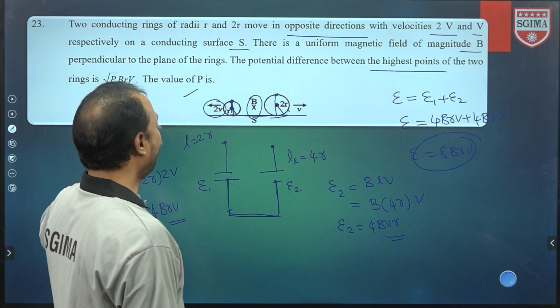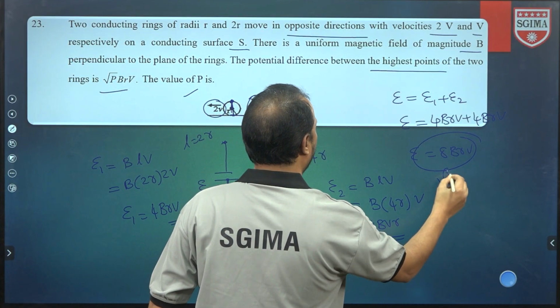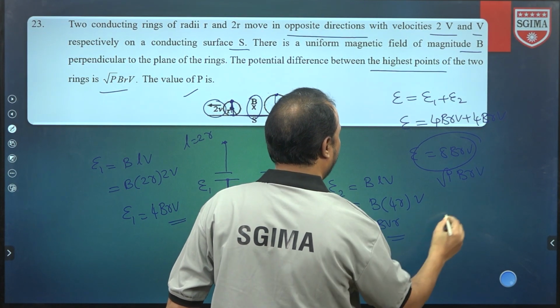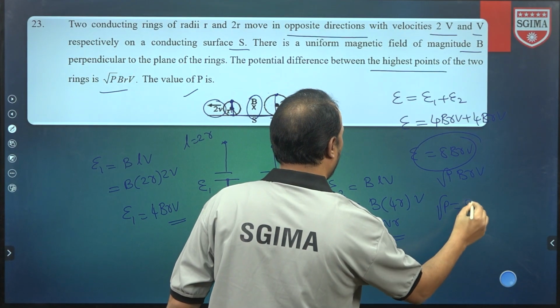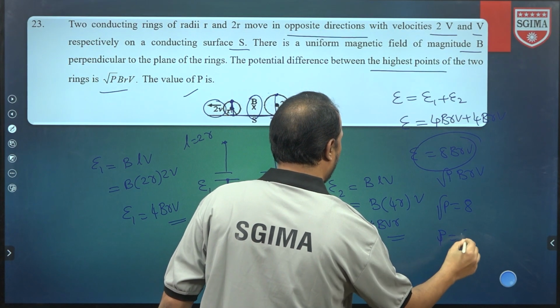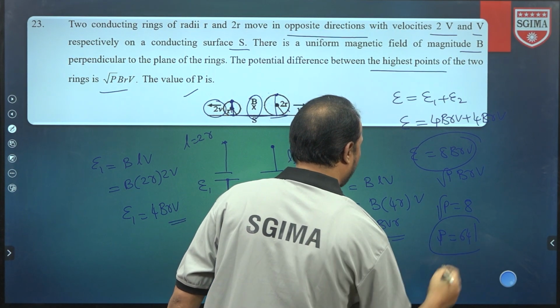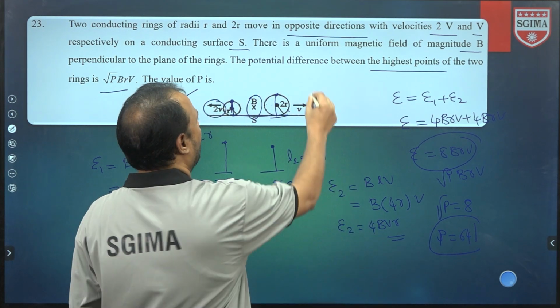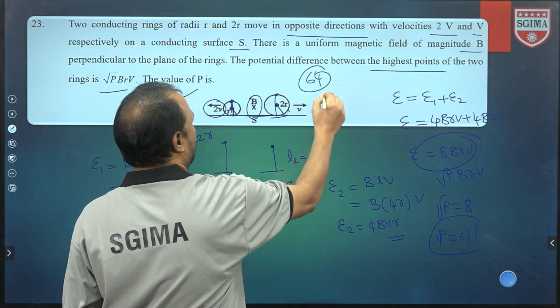If you are comparing with the given equation, which is root P BrV, root P equals 8. So squaring on both sides, 8 square is 64. So our answer is equal to 64.